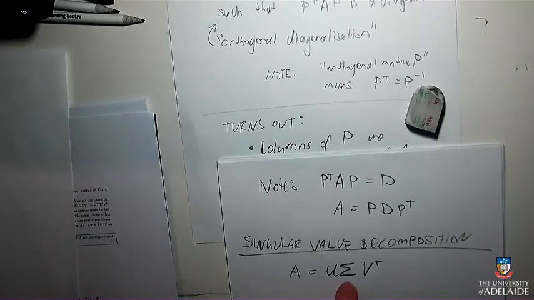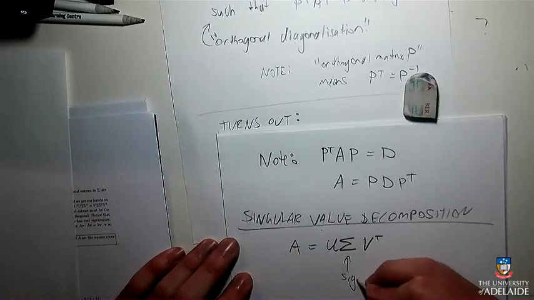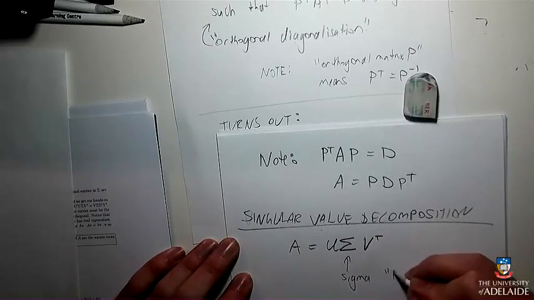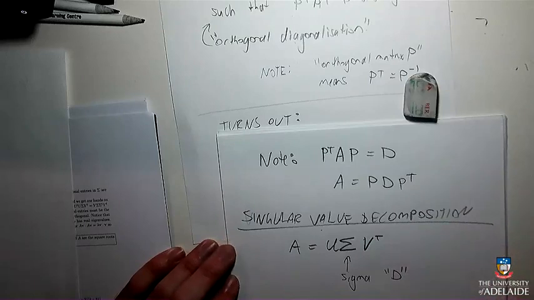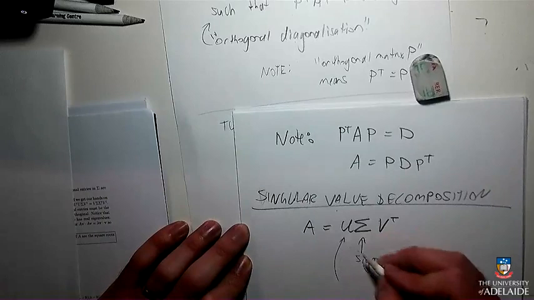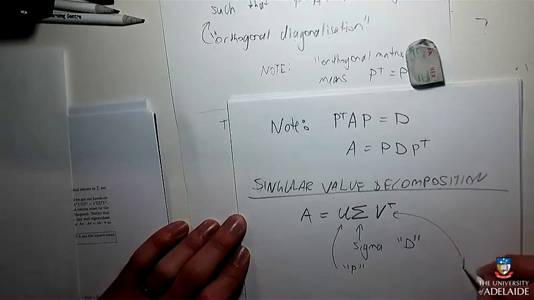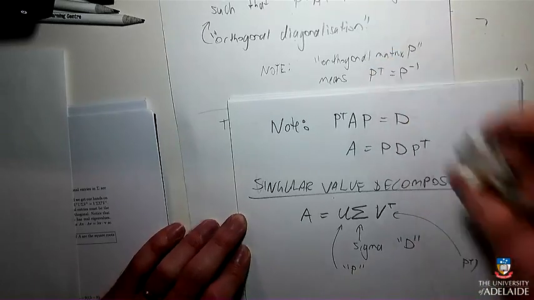So this capital sigma here is playing the role that D used to play when we did orthogonal diagonalization. And this is playing the role that P used to play. And this is playing the role that P transpose used to play.